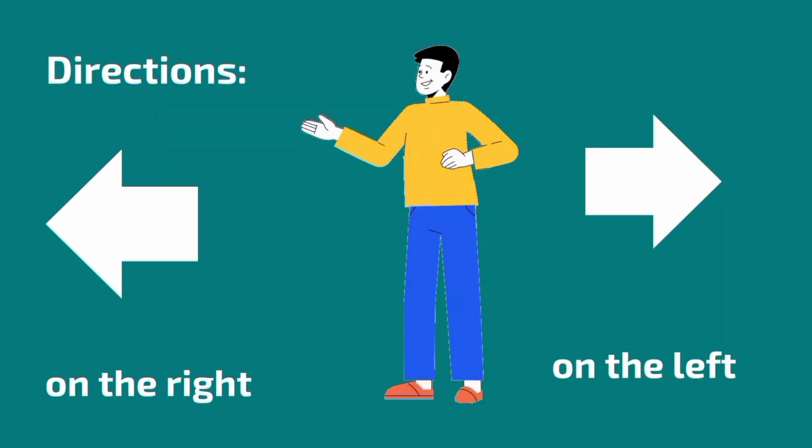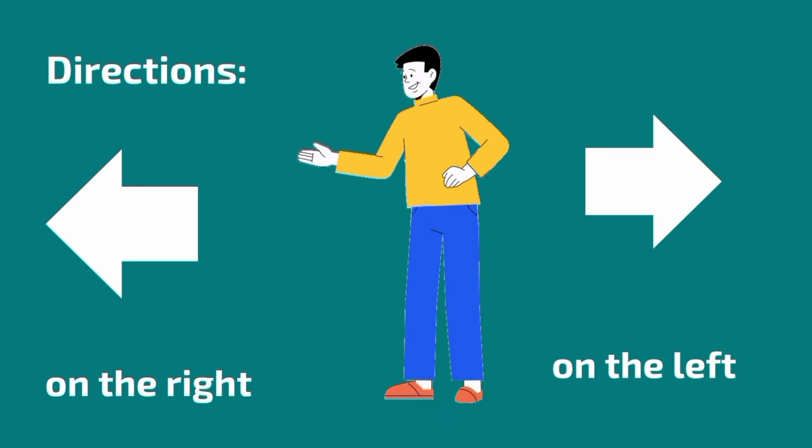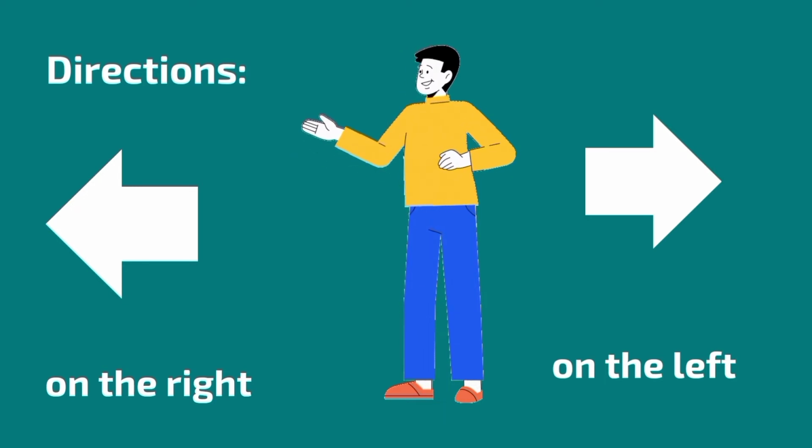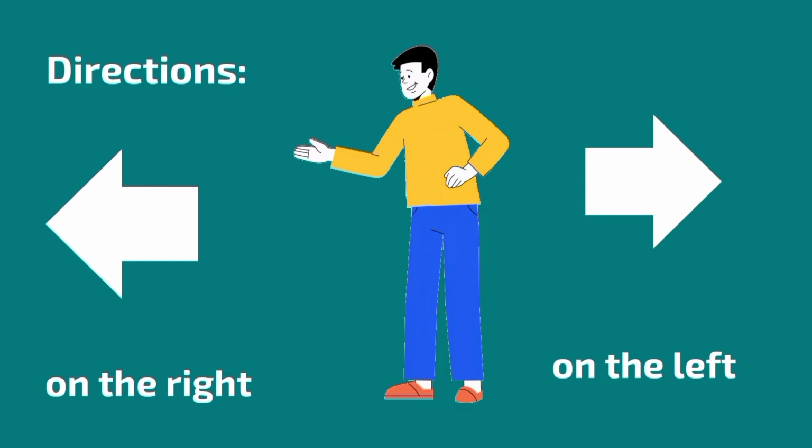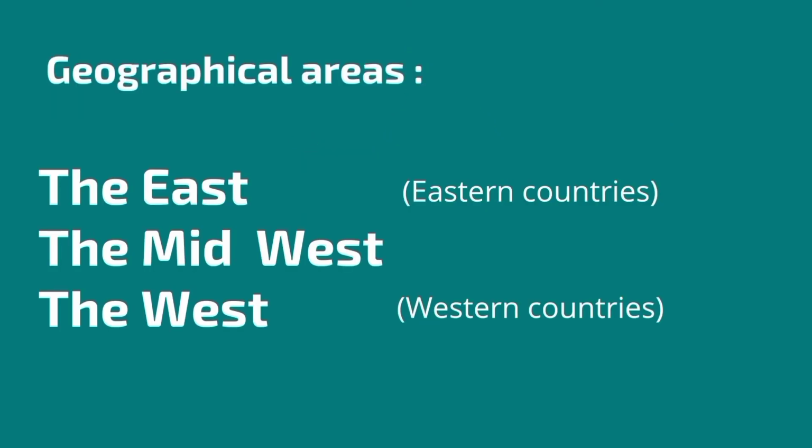It's also used with directions. For instance, on the right or on the left. The is also used with geographical areas, the East meaning Eastern countries, the Midwest, or the West meaning Western countries.